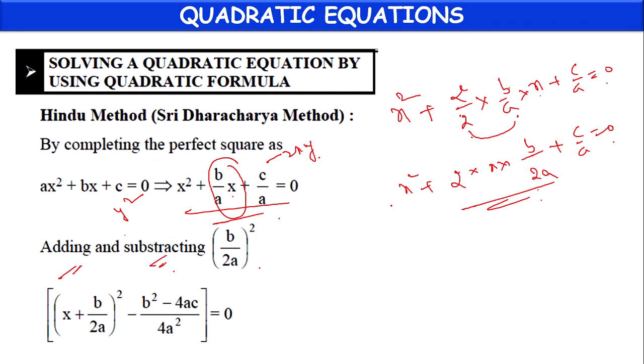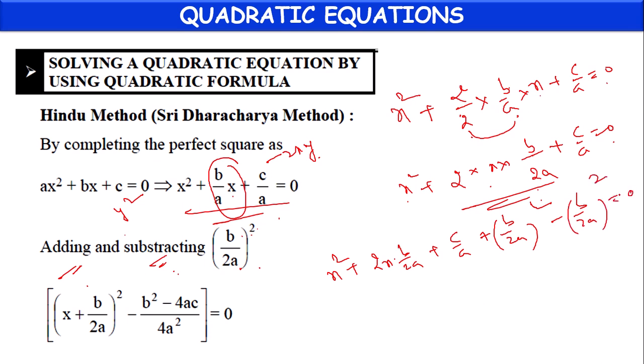Then only we can write it as a perfect square. So b by 2a whole square has to be added and subtracted. So we will write x square plus 2x into b by 2a plus c by a plus b by 2a whole square minus b by 2a whole square.